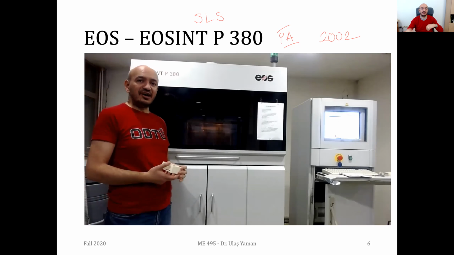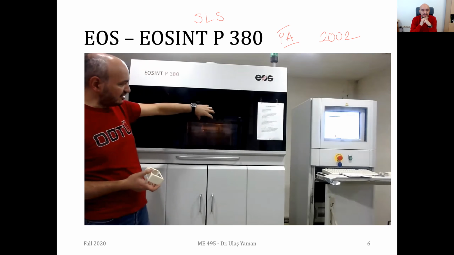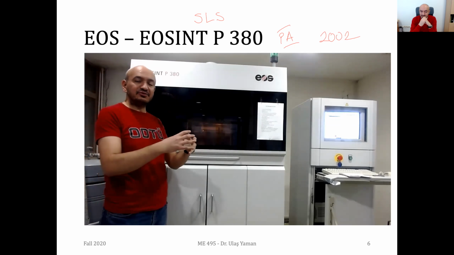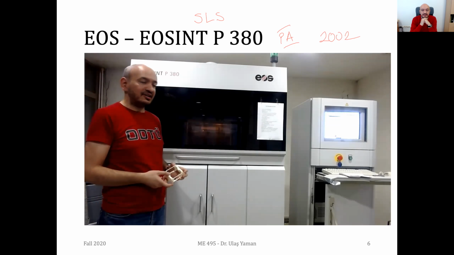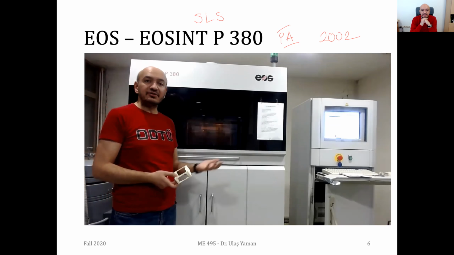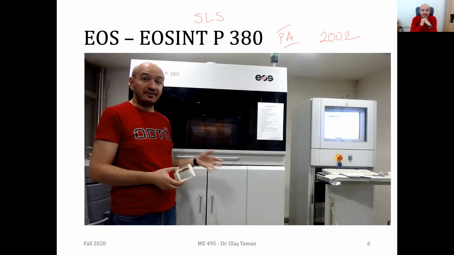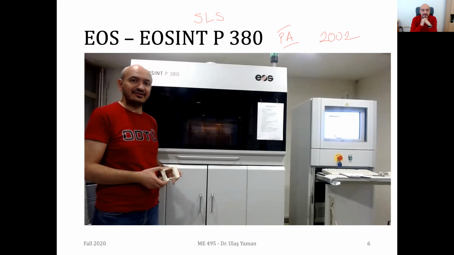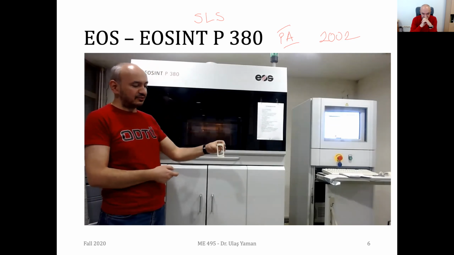It uses powders as a material source, and with the help of a laser around here, it sinters all these powders together, joins them layer by layer, and tries to fabricate different types of complicated 3D products. The main advantage of such powder bed systems or selective laser sintering is that you don't need to use any support structures if you're building, for instance, such a part.